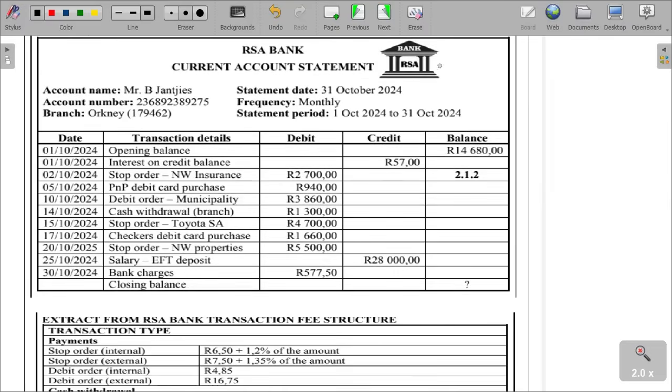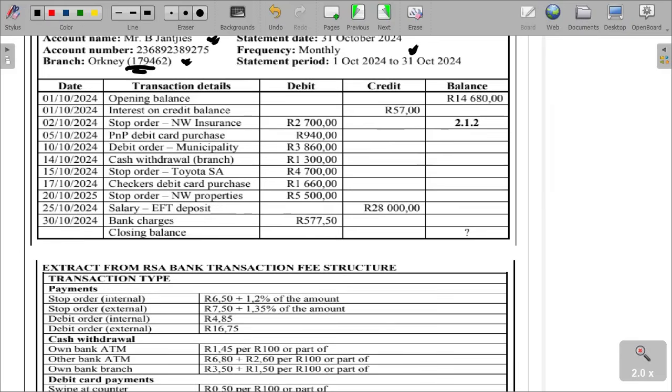Current account is given, the account holder is Mr. B Junkies, and the account number is given there, and we are given the branch, which is in Orkney, 17 whatsoever given there, frequency monthly, and then the statement period October 1st to October 31st.